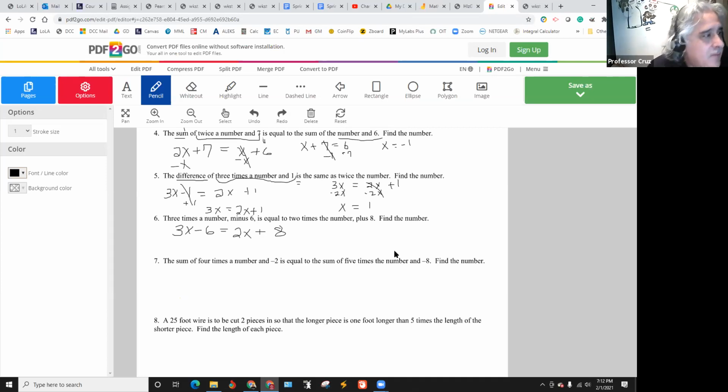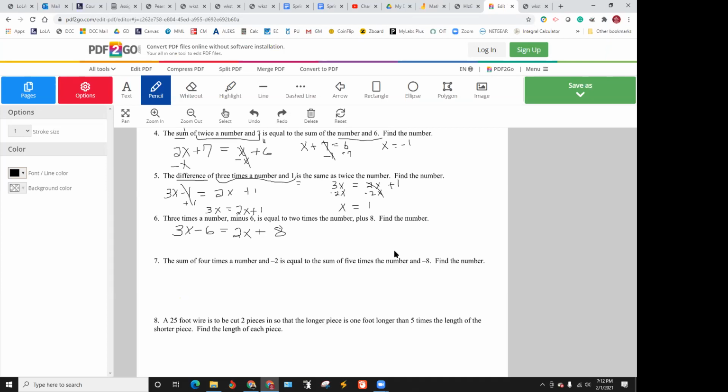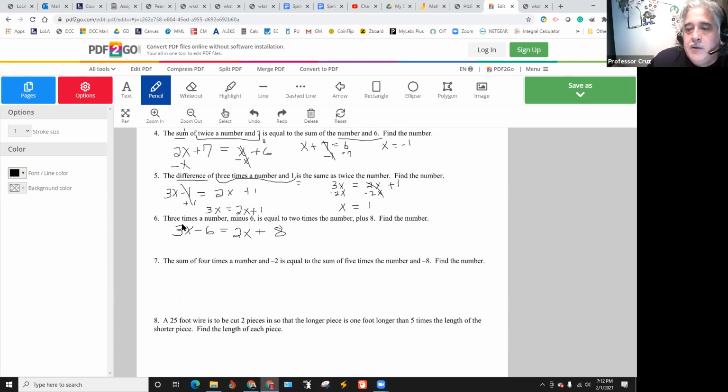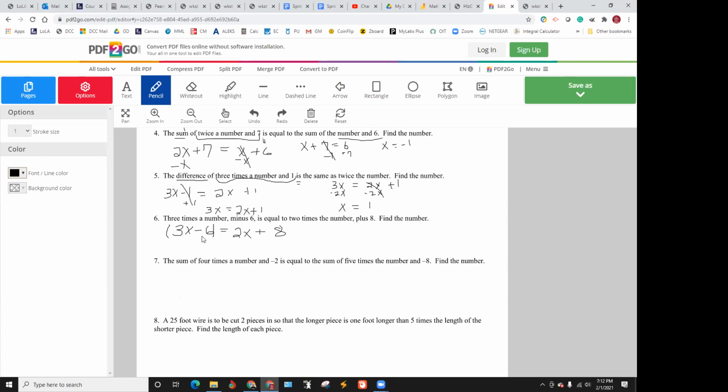Does that look good? I'm having trouble for this one, understanding. I put parentheses around the x minus 6 and around x plus 8. Me too. I don't understand when to put parentheses and when I don't.